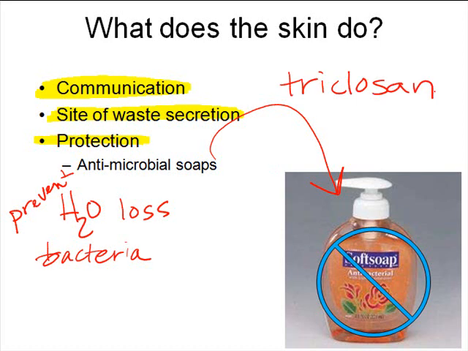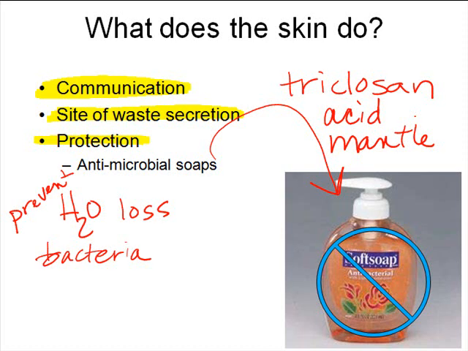The problem is, not only does it kill bacteria, it also breaks down something on the surface of our skin called the acid mantle. And the acid mantle is basically a layer on the skin that is composed of chemicals that create a relatively acidic environment on the surface of the skin.